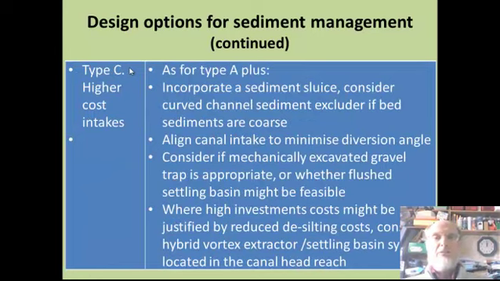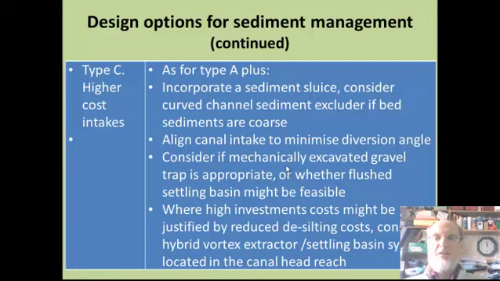We can have a Type C intake, which is higher cost structures. And there, it's like Type A, but it incorporates a sediment sluice, perhaps the curved channel excluder, if the sediment's coarse, to align the canal intake to minimize diversion angle.